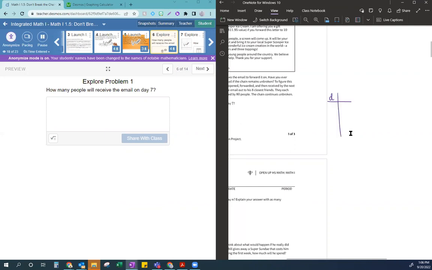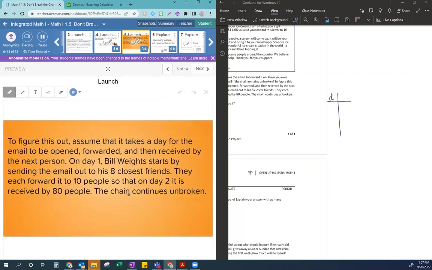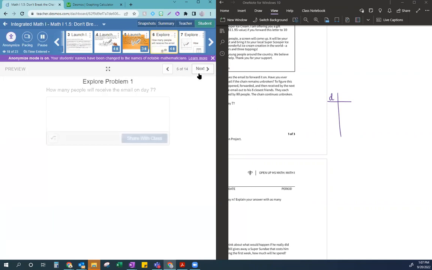And on the right side, it's going to be number of emails out. Okay. So is that the term that they're using? Hold on a second. Received by 80 people. So we'll use the term received by number of people. Okay, does that make sense?